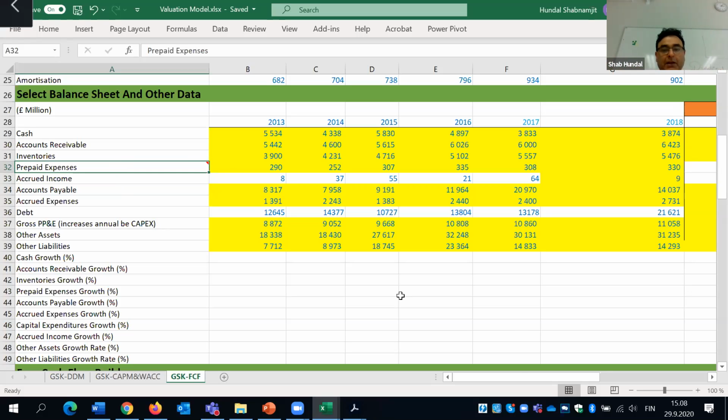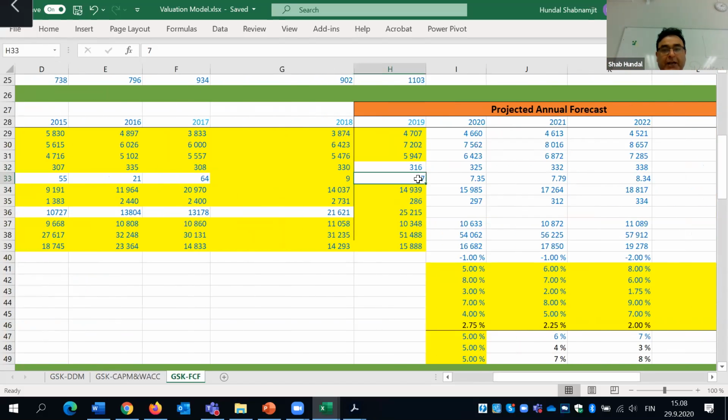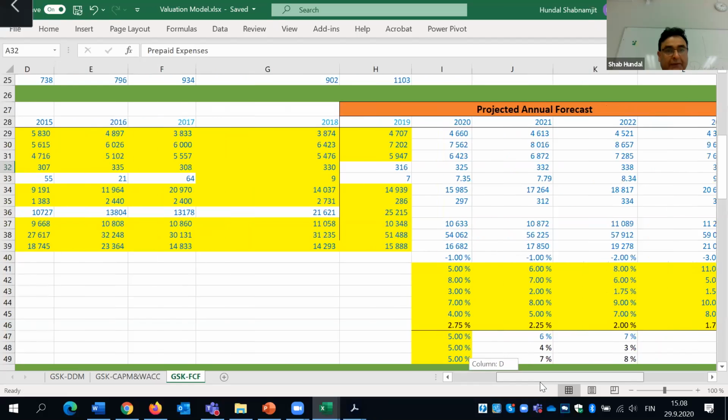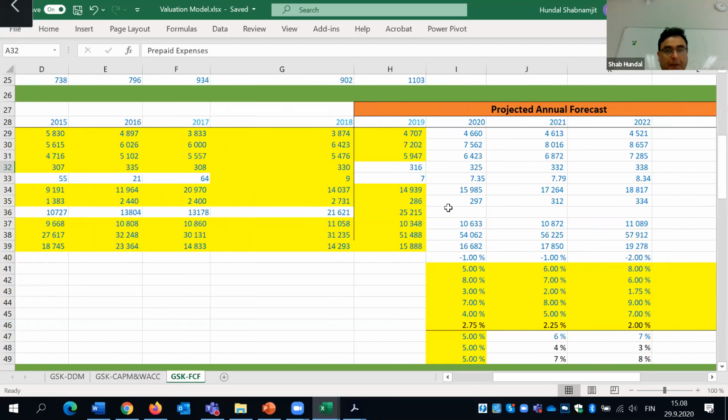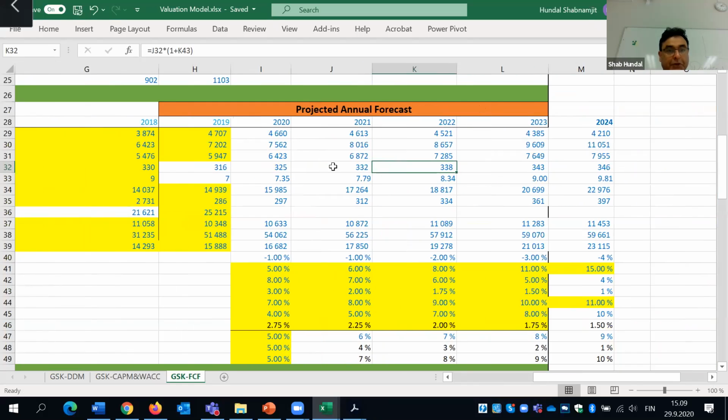So it means that I have a strong reason to believe that the prepaid expenses in the future will go down, which is here. Prepaid expense, so it's row 32. I have taken more, don't know why. Yeah, maybe I should reduce it because in the bad times, your prepaid expenses go down.